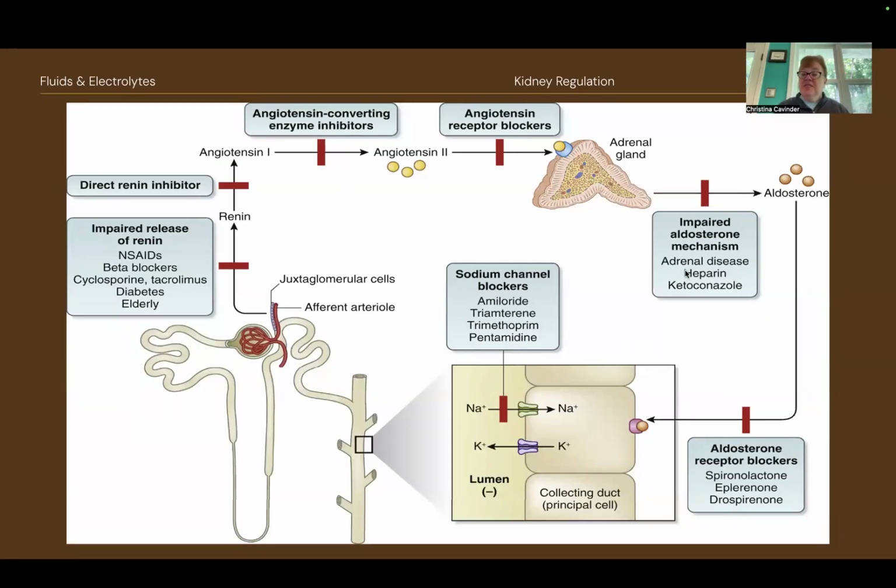Here it talks about some diseases that affect the adrenal gland, so the aldosterone is not released. Here are some aldosterone receptor blockers. You might recognize some of those. Sodium channel blockers here. So these are some different diseases. I thought this was a good picture to put it all together.